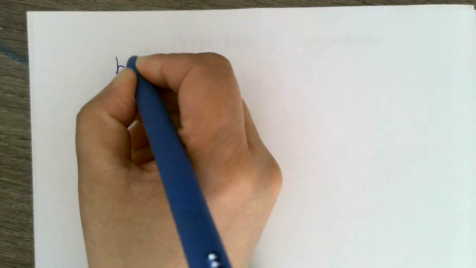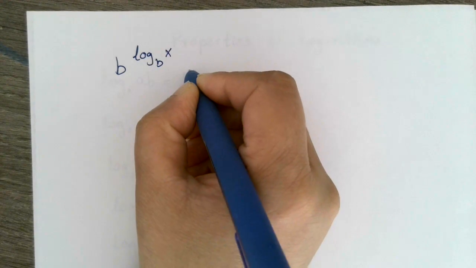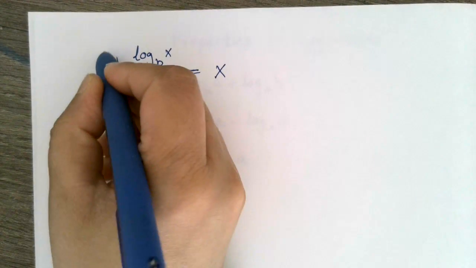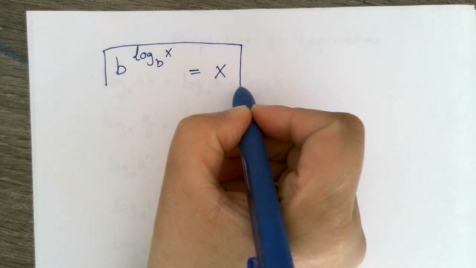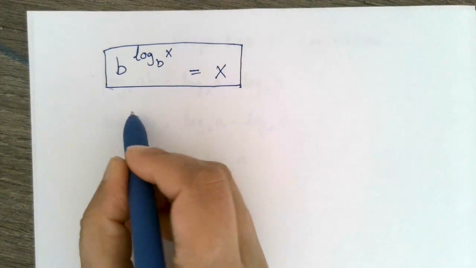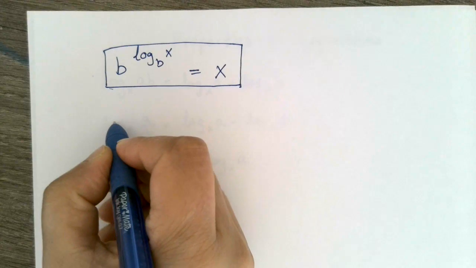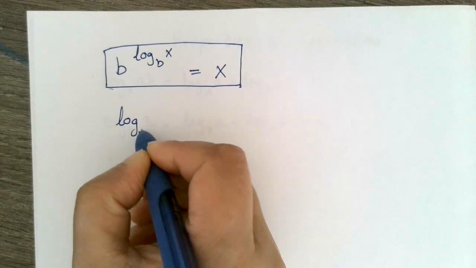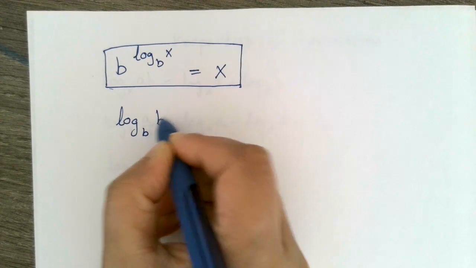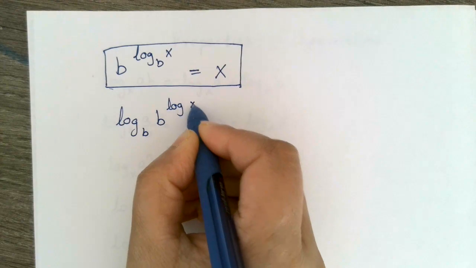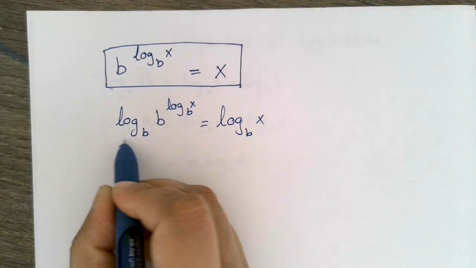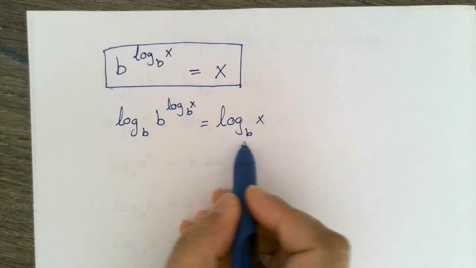b to the power of log base b of x is equal to x. Now I can show you this is true by applying log base b to both sides. So if I apply log base b to both sides, we'll have log base b of x.